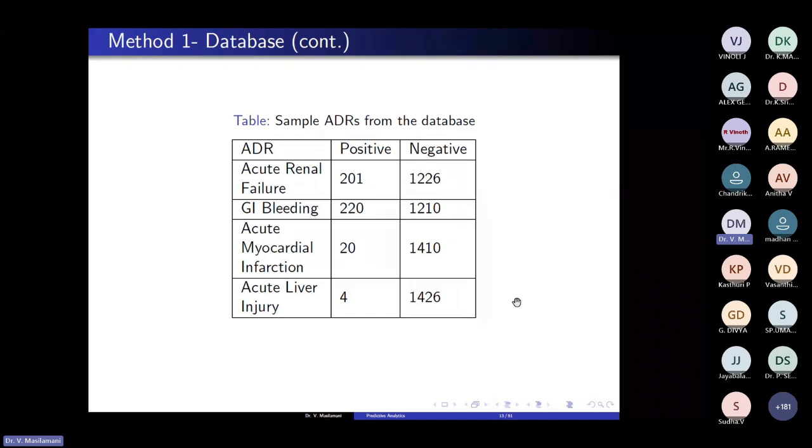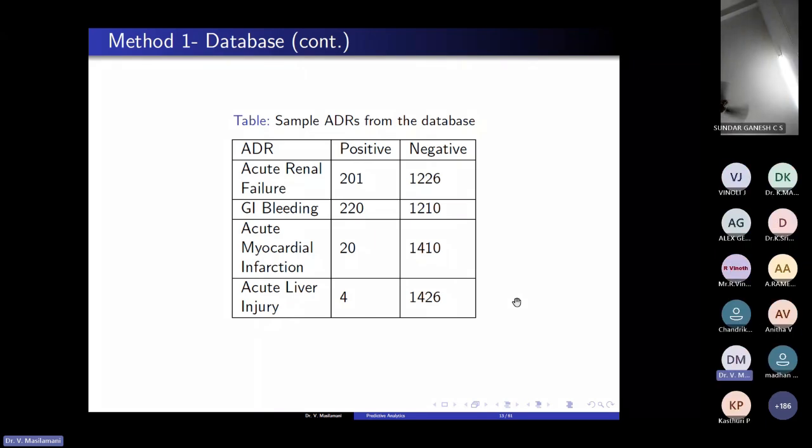Similarly, for other ADRs like GI bleeding, acute myocardial infarction, acute liver injury, for all these different ADRs, there are different numbers of positive samples and different numbers of negative samples. You see that the number of positive samples is so small. For instance, the last one, acute liver injury, only 4 positive samples are there. 1,426 negative samples are there, meaning only 4 drugs are found to cause this ADR. That is natural, right? Drugs will not cause too many ADRs, and not all drugs will cause an ADR.